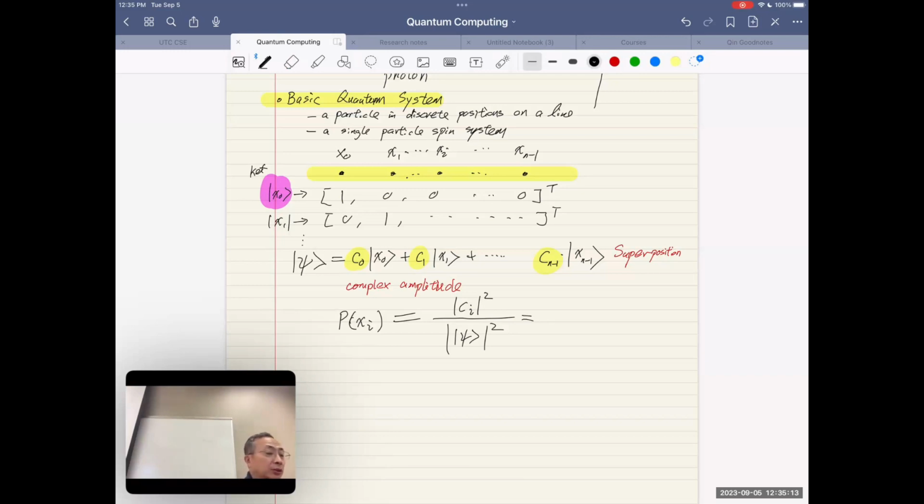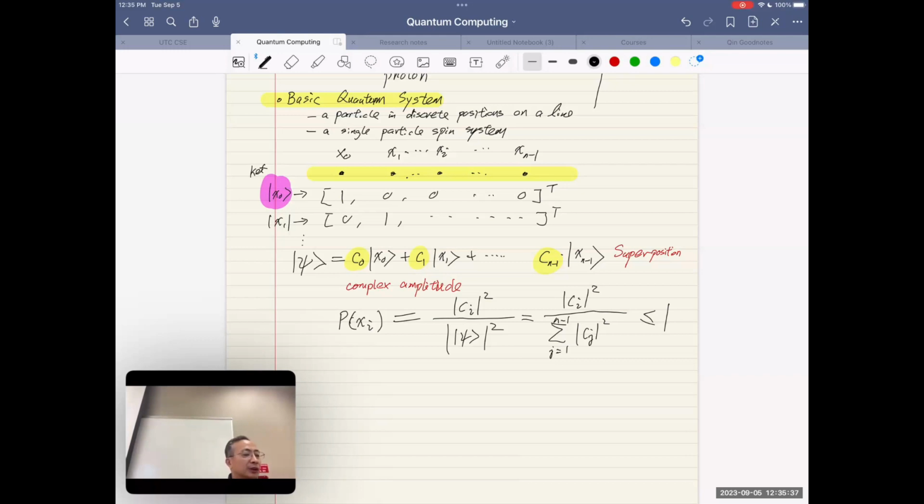So that will be the entire matrix modulus, which is basically the sum of everything. Right, so basically you add up everything. So this is clearly something less than or equal to 1.